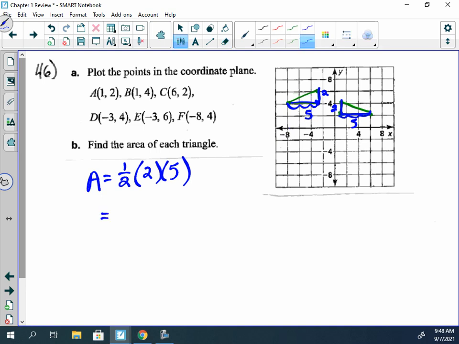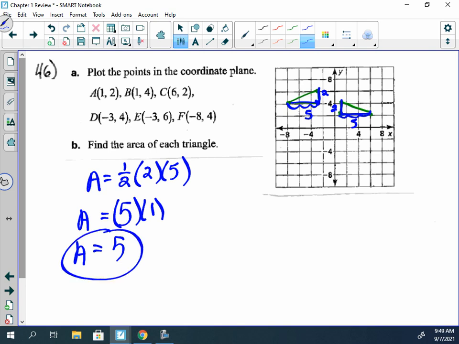Now to find the area, we just need to multiply all this together. We could do it in a calculator, or if we did it by hand, 1/2 times 2 is 1, and 5 times 1 is 5. So which triangle's area is 5?